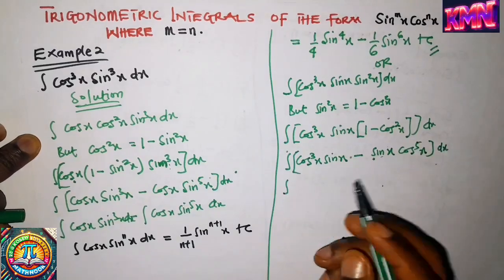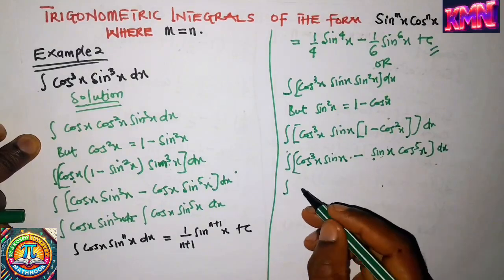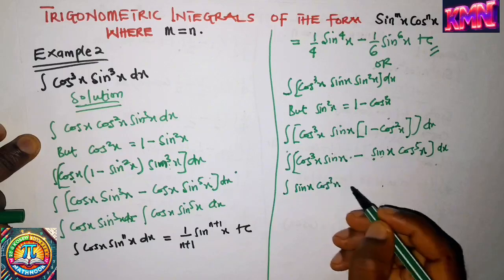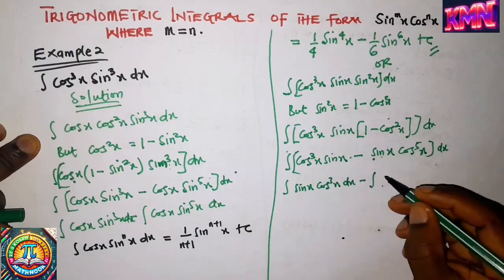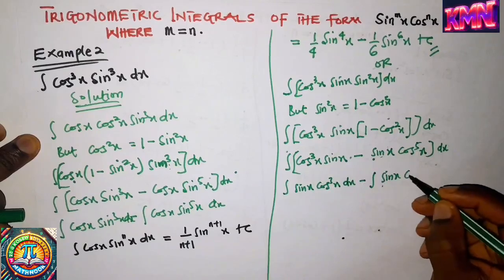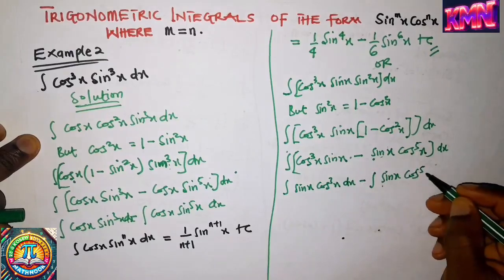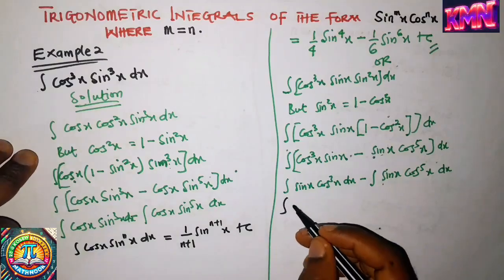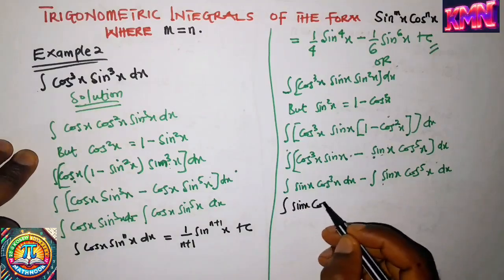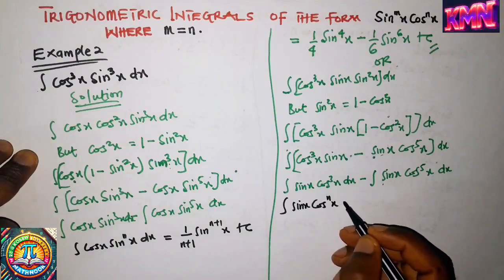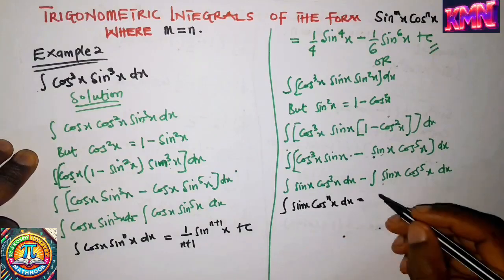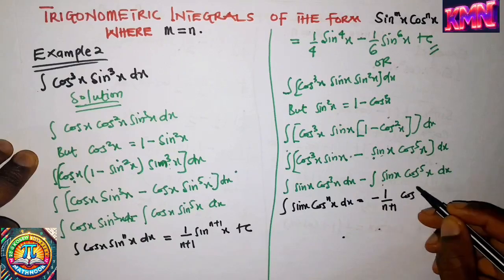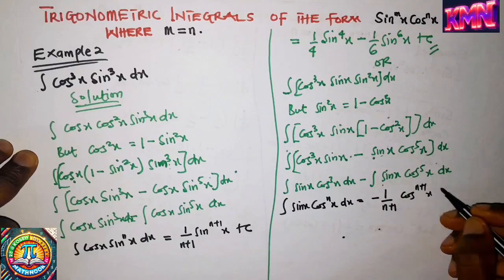Applying the integral symbol and the variable of integration, we have integral of sine x cosine cube x dx minus integral of sine x cosine power 5x dx. We learned that the integral of sine x cosine power n x dx is equal to negative 1 on n plus 1 cosine n plus 1 x plus c.